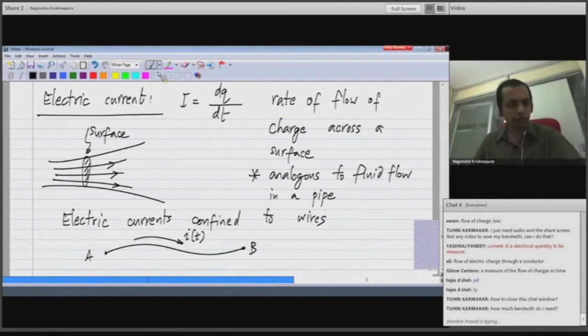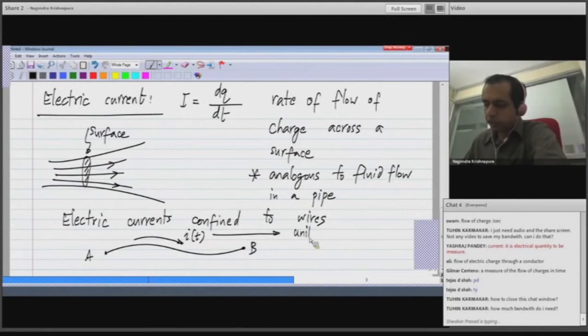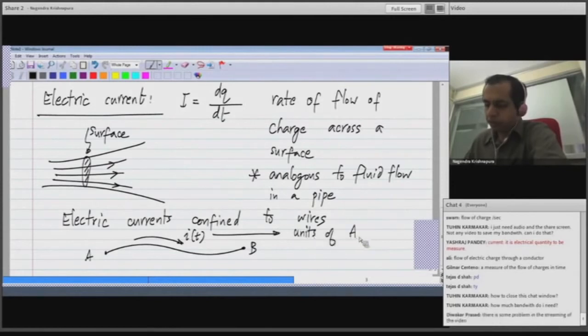I think many of you know this already. The electric current has units of ampere, and this corresponds to carrying a charge of 1 coulomb in 1 second.